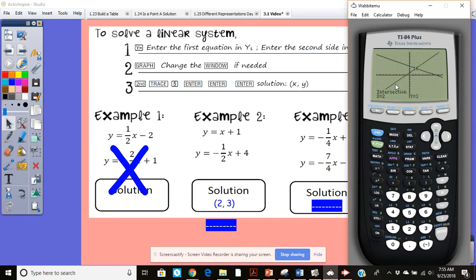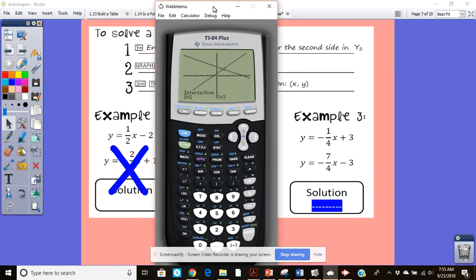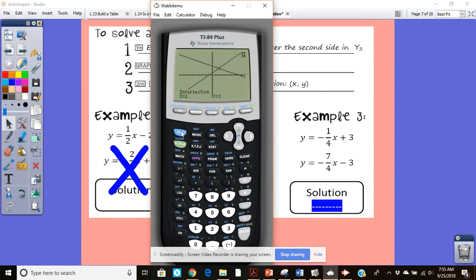All right, example 3. So clear my calculator. I'm going to go into y equals. So now I've got a negative 1/4 x, and then plus 3. And then my second equation is negative 7/4 x minus 3.